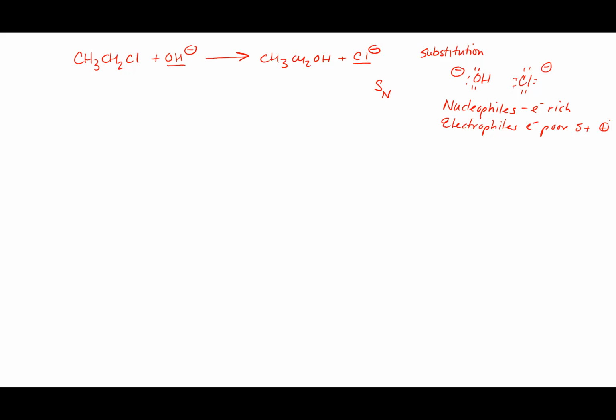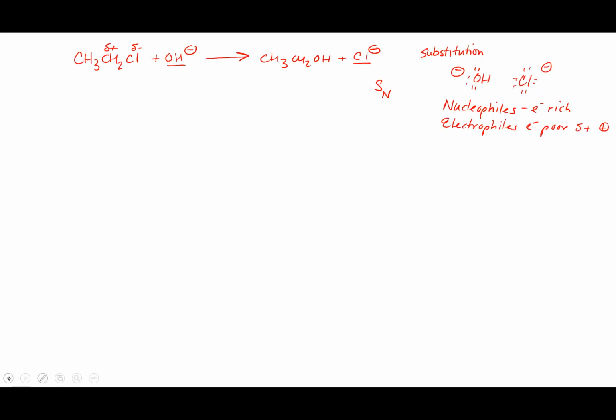So, this is a nucleophilic substitution reaction. This carbon attached to the chlorine, of course, is slightly positive because the chlorine carbon bond is polar covalent. So that's where the electrophile is. So when people first notice this reaction, they want to figure out what the mechanism is.